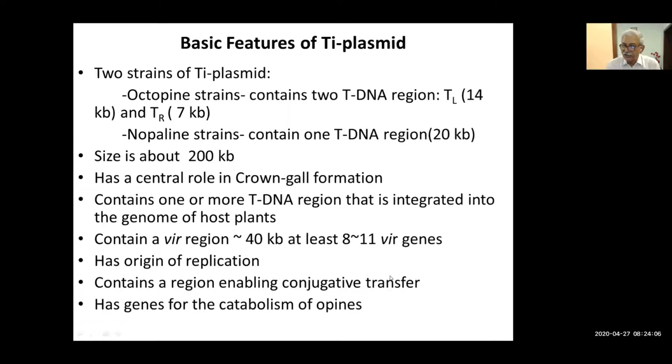So the Agrobacterium strains which don't carry Ti plasmid can acquire them by conjugal transfer from the bacterial strain which has got that. And then the genes capable of catabolism of opines as nutrition resources.